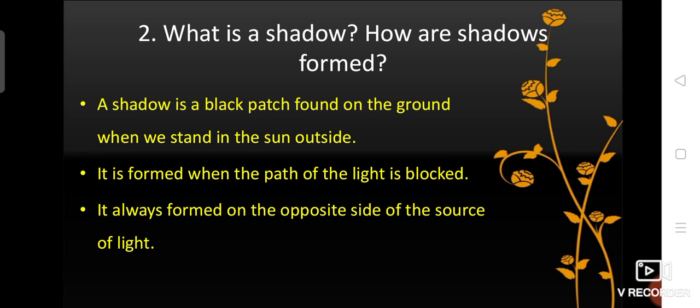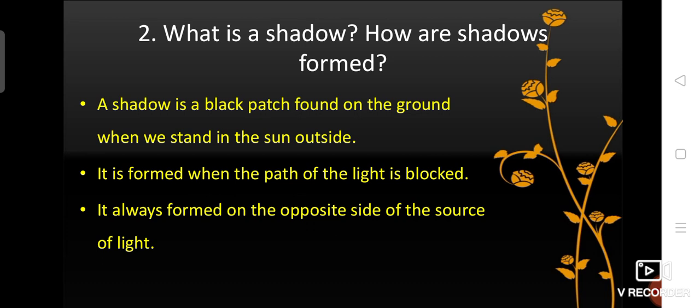The path of the light will be blocked. On the opposite side there is no light, so that area becomes a dark patch, that is called shadow. Is it clear? I repeat the sentence given here. A shadow is a black patch found on the ground when we stand in the sun outside.